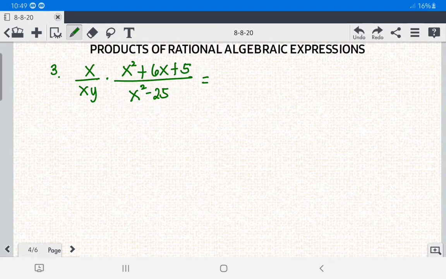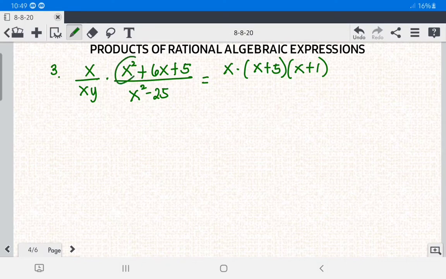So let's see. So we have x times, let us factor this. We have x plus 5 and then x plus 1, right? So factors of x squared are x and then x, right?